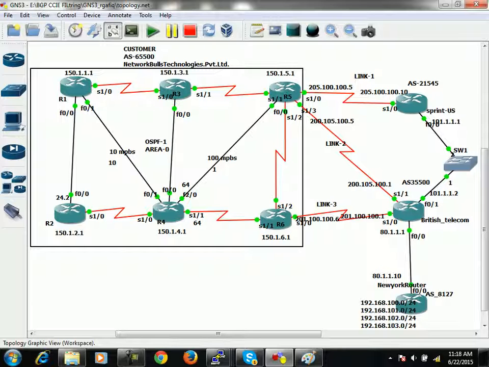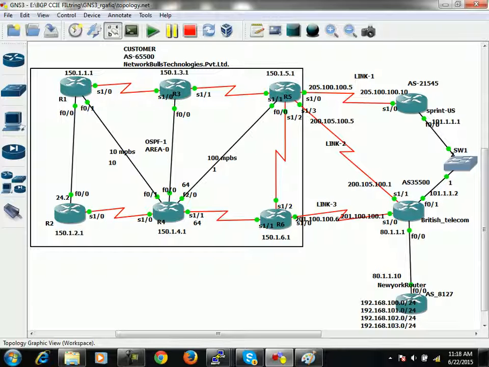Your bandwidth consumption will be higher. Understood or not? Because in BGP you can form neighborship between two indirectly connected devices. That's what is happening here actually, that R1 and R6 are having neighborship. However, they are not directly connected, but IGP is running over there.